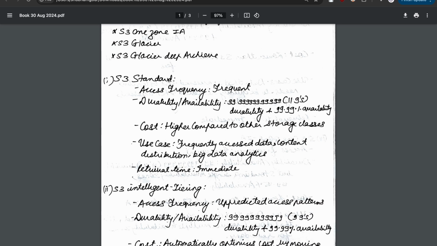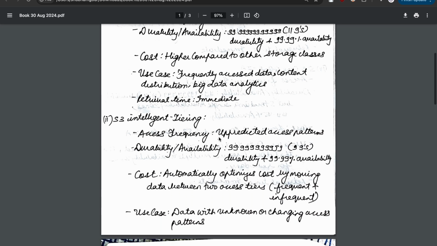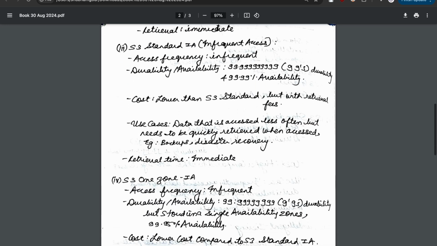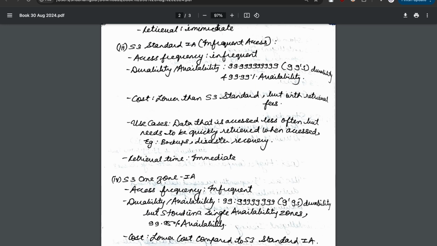After S3 Standard, let us directly jump to S3 Standard-IA, which stands for infrequent access. Here we are accessing the data infrequently because we are not sure when we will need it. Here the durability is again eleven 9s and the availability is again 99.99%.